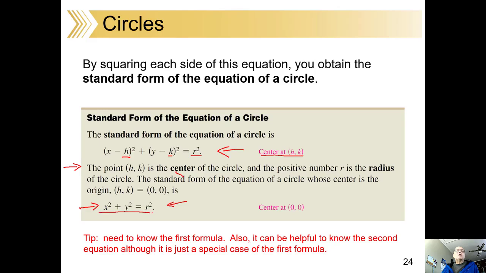This one is only the one where the center is at the origin. So it's a unitasker, as they say. The one up here is for all circles, not just one with the center at 0, 0. It's up to you whether you want to remember the second one by memorizing it or not. But you do need to know the first one.